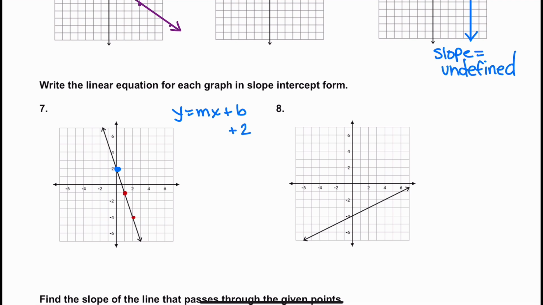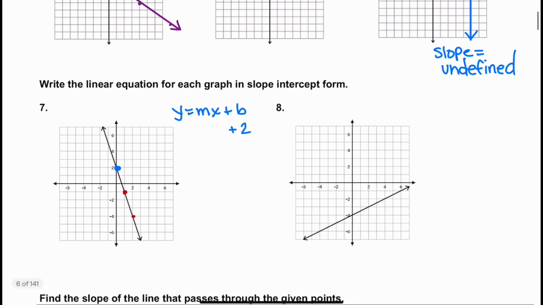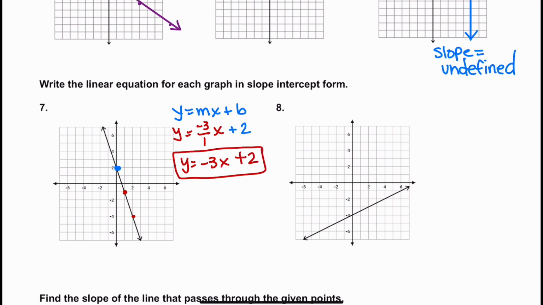I could pick any of these points here. Now I'm noticing it's going down 1, 2, 3 over 1. So down 3 would be a negative 3 over 1. Now this just simplifies to y equals negative 3x plus 2. And that would be the equation on number 7.